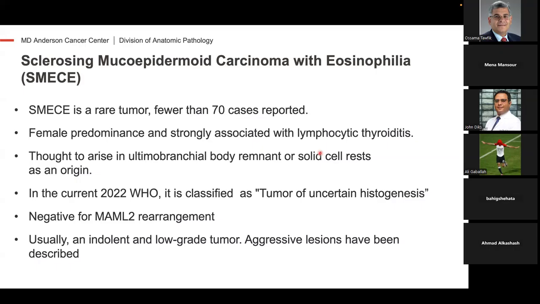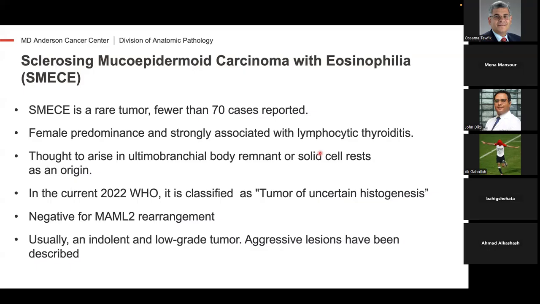If you think about it, it does look like a mucoepidermoid carcinoma. It has squamoid nest, it has mucous cells, and the thing that is very characteristic is it has a very strong fibrosis and a lot of eosinophils.